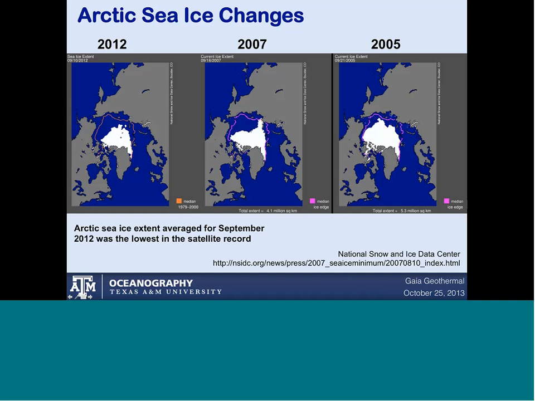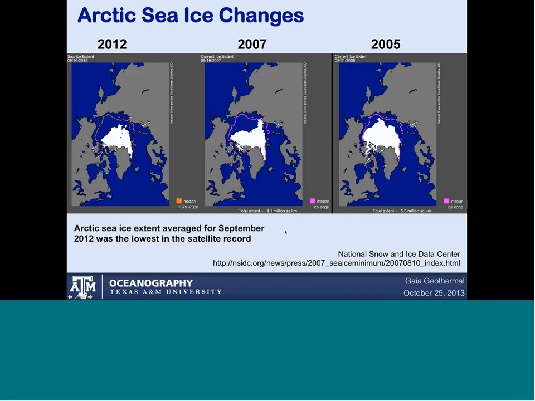And so it turns out that 2005, 2007, 2012 were all record-breaking low amounts of sea ice in the Arctic Ocean. The sea ice cover got smaller and smaller and smaller. In fact, 2012 was the lowest recorded since they had satellite data in the Arctic region. So this is alarming.